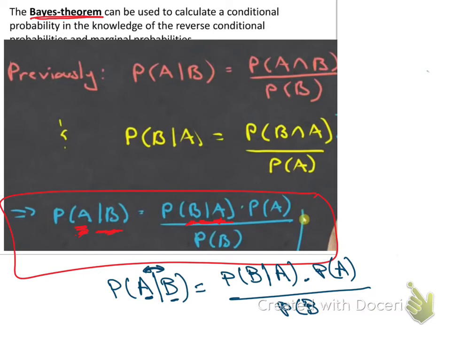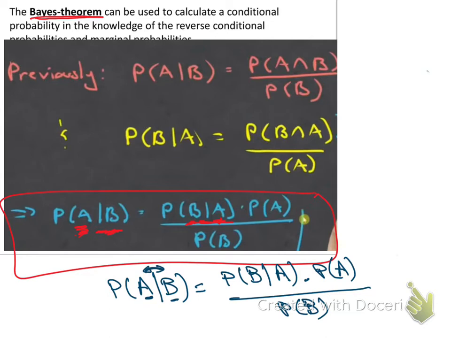It helps us a lot, actually, if we have the given which is the opposite, or we swap the given. So it helps us a lot in such cases.